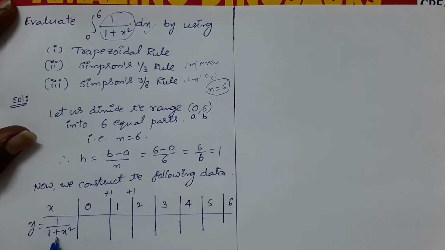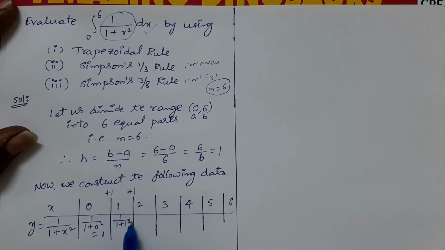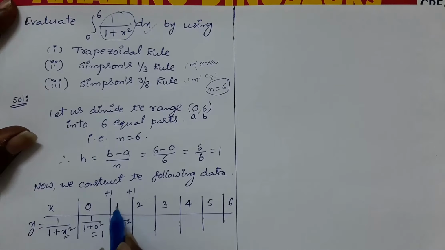Now, whenever we have x, you should replace it with 0, then you will get the corresponding functioning value 1 by 1 plus 0 square, which is 1. Okay, so 1 by 1 plus 1 square, whenever we have x in this function, replace it by 1, which is 1 by 2. 1 by 2 can be written as 0.5. Now 1 by 1 plus 2 square, so it is 1 by 5. 1 by 5 can be written as 0.2, and 1 by 1 plus 3 square, substitute this 3 value in this function, which is 10.